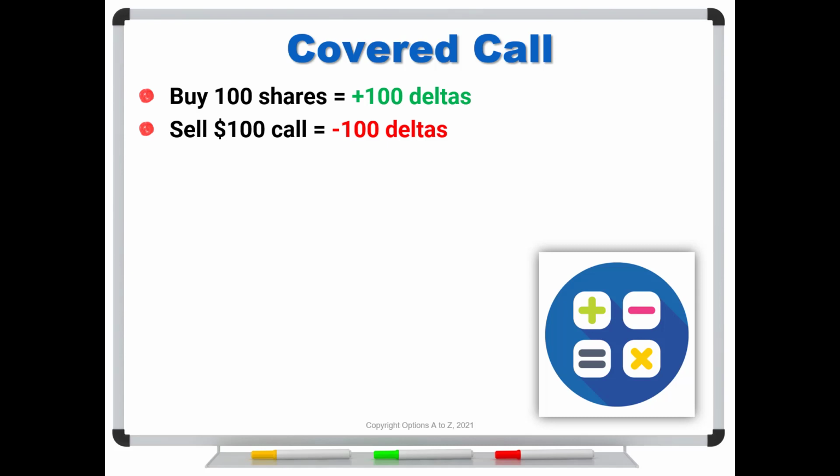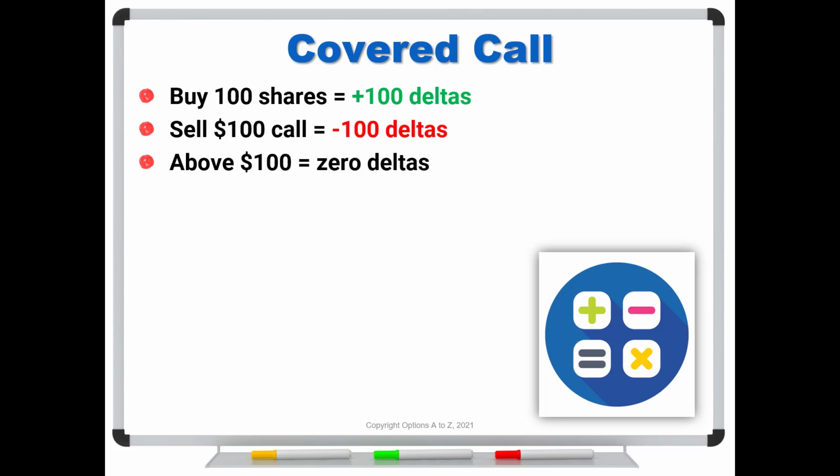So I can say that if the stock is above the 100 strike, I have 0 deltas. I could also look at it in terms of contracts. 100 shares is the equivalent of one call, or each call represents 100 shares. So I could look at it as though I'm long a contract and short a contract. The point is that I have no exposure above the strike.